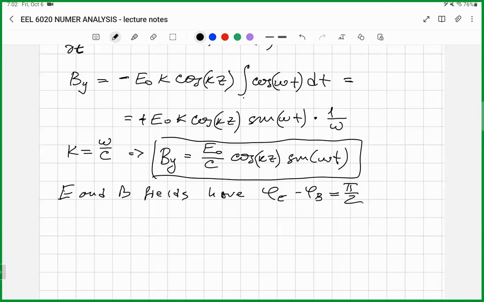And this is exactly what makes the field not propagate anywhere. For example, if we calculate the Poynting vector, which is E cross H, what would we get? Let's consider only the time dependent part. It's going to be cosine omega t times sine omega t.